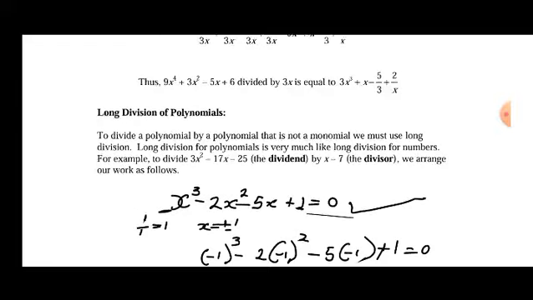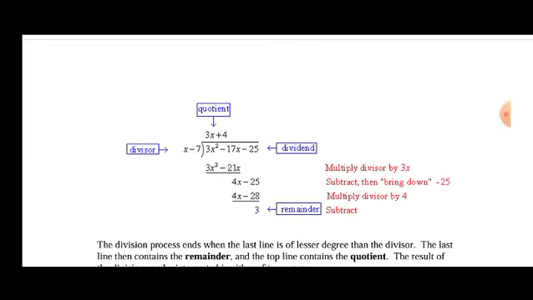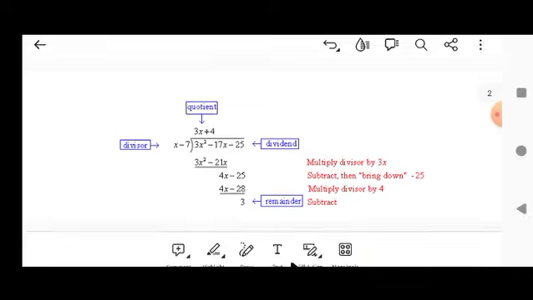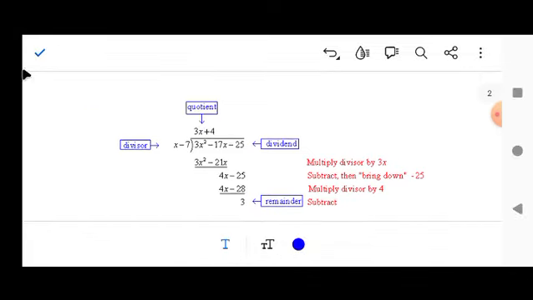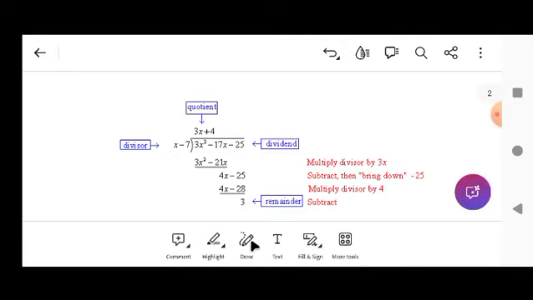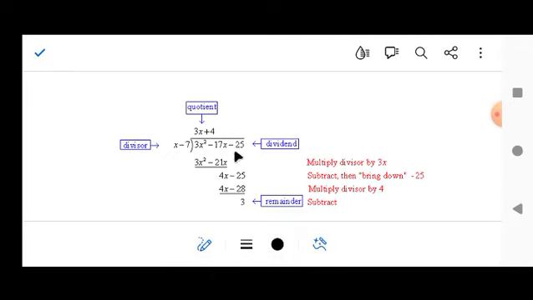Now, but when you talk about long division, long division is of this form. You have what you want to divide, which is the dividend. This is what I want to divide, right? This is the divisor.